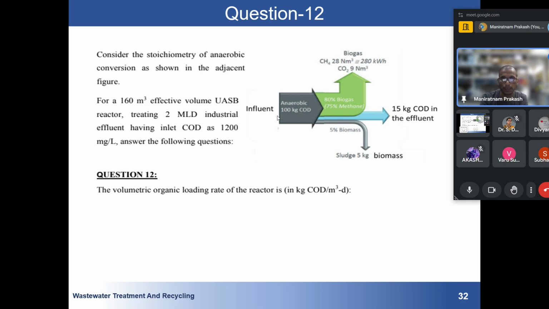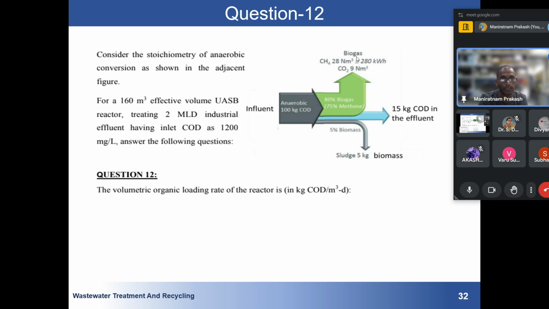Data given: of 15 kg COD in the effluent, 5 kg is converted into sludge mass, then 80% is converted into biogas containing 75% methane. Remember, only 80% is converted into biogas, but only 75% of it is methane.